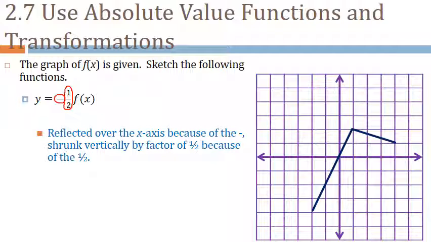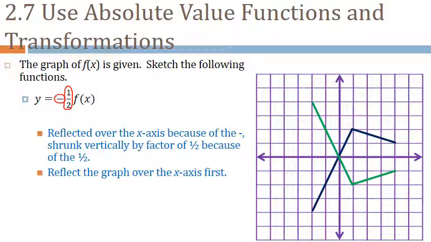So when I go to graph this, I need to reflect it over the x-axis. So it's reflected directly over the x-axis. This point was 1 above, so now we're 1 below. This point was 2 above, now we're 2 below. This point was 4 below the x-axis, so this point is 4 above the x-axis.